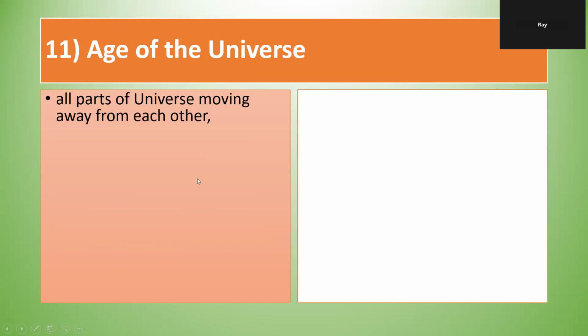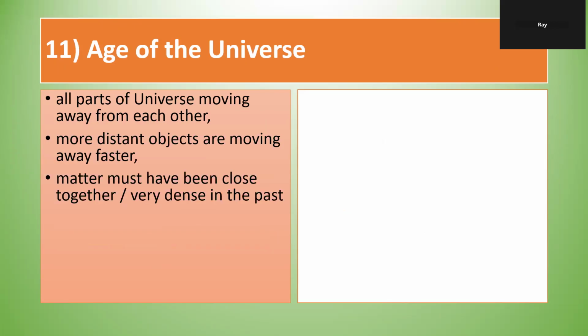Age of the universe. All parts of the universe are moving away from each other. Right? Remember, the space is expanding. More distant objects are moving away faster. Matter must have been closer together, very dense, in the past. If they are moving away from each other, as we observe today, then they must have started from the beginning.